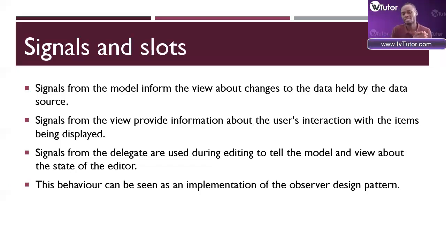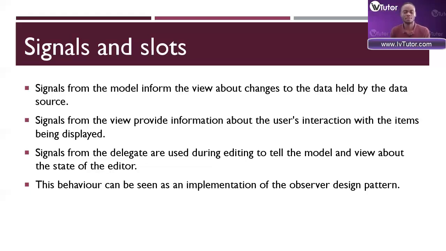And signals from the delegate are also used during editing to tell the model about data changes and to tell the view about the state of the editor, because we said the delegate is used for rendering items for editing. We'll talk more about what we mean by that a little bit later. But these 3 objects are always in sync. They are always communicating.